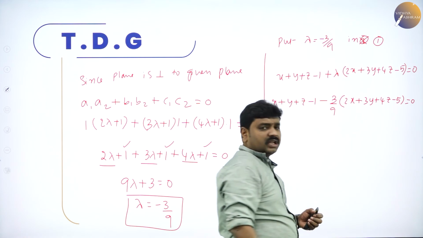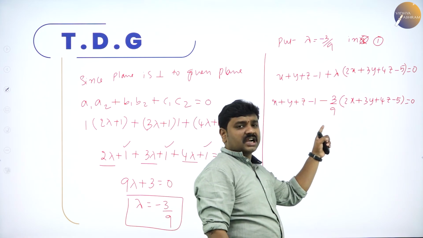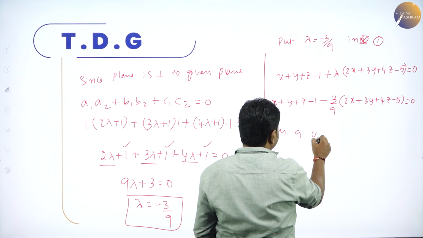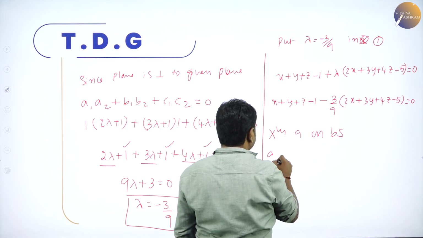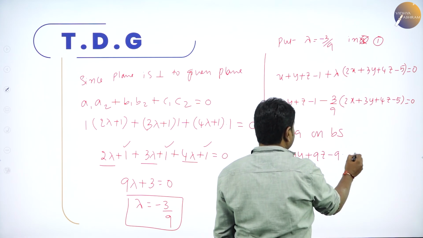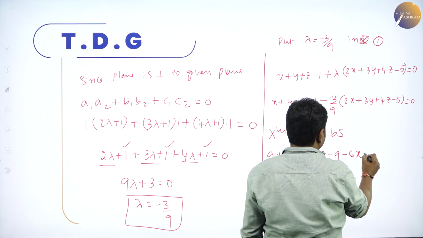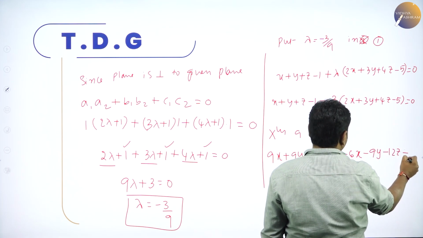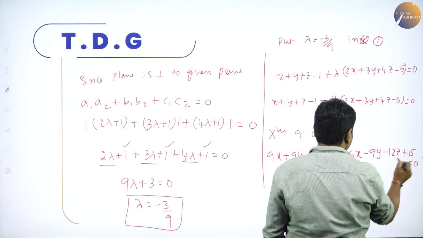Further, any plane equation should be in standard form. So to avoid the denominator, multiply by 9 on both sides. It will become 9x plus 9y plus 9z minus 9 minus 3 2s are 6x minus 3 3s are 9y minus 3 4s are 12z plus 15 equal to 0.